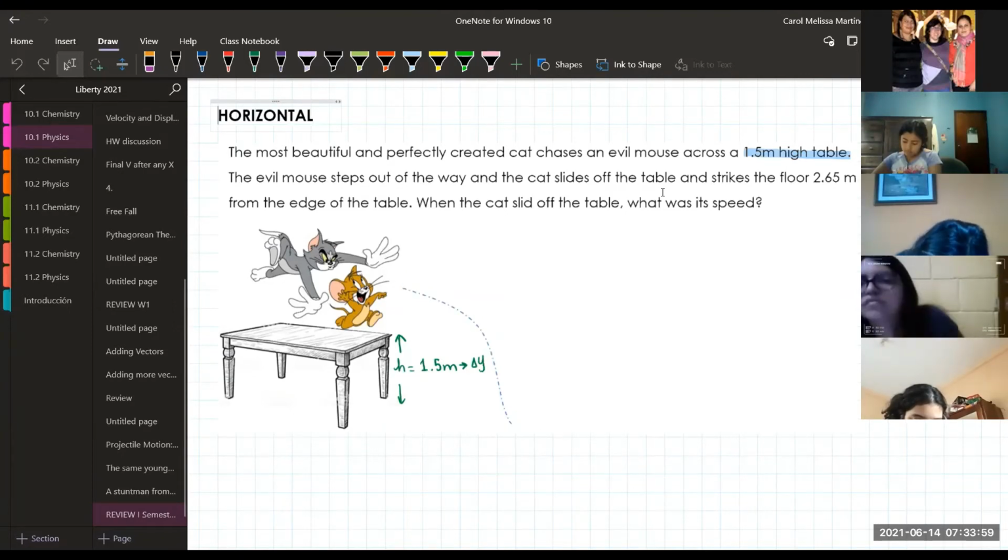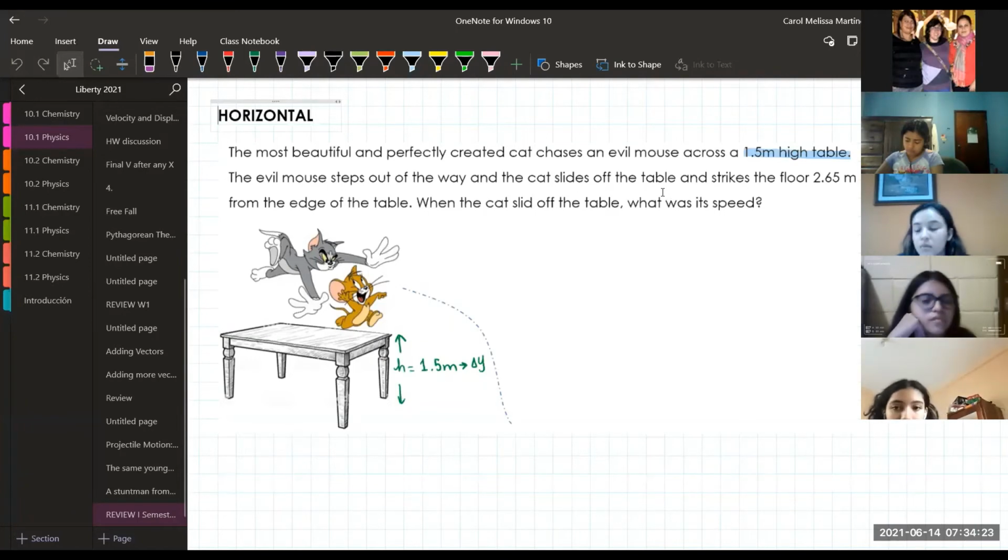Okay, so it says the cat slides off the table and strikes the floor 2.65 meters from the edge of the table. So measured from the edge of the table, from this very edge, like that, more or less. It came out a little ugly, wait, no, that wasn't it, but anyway.